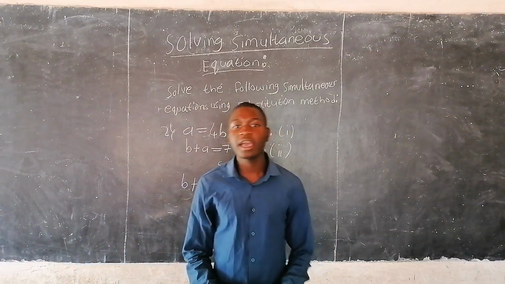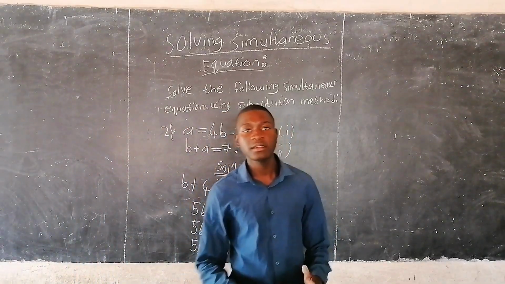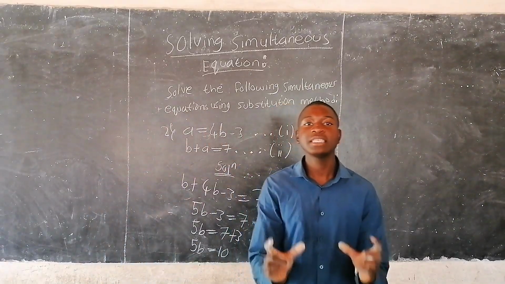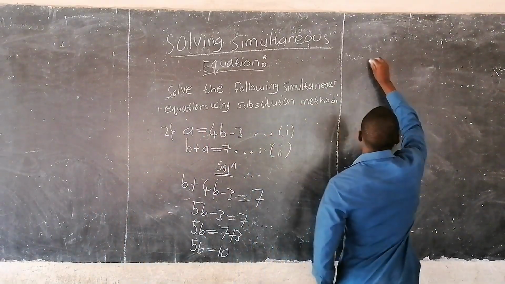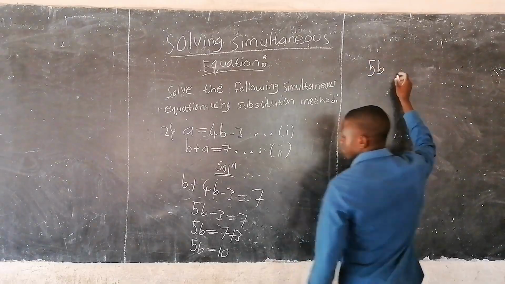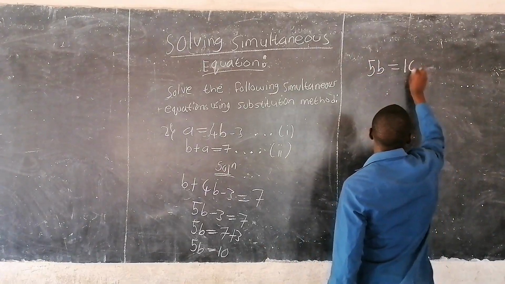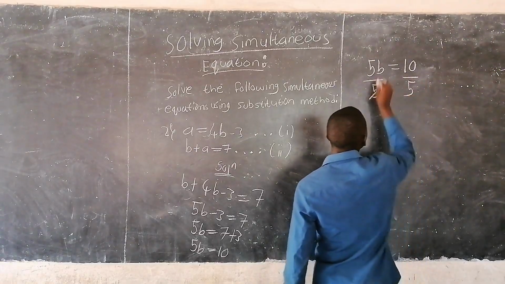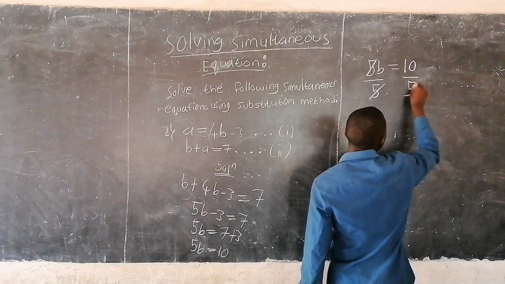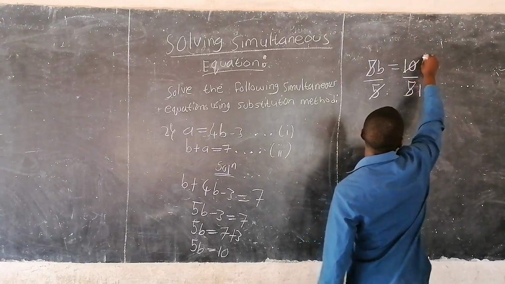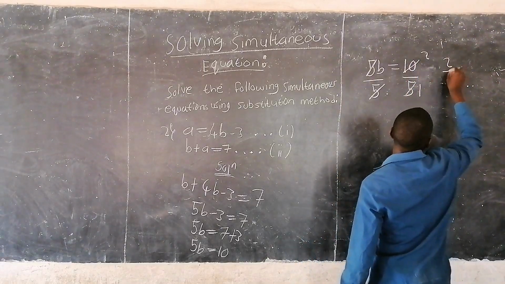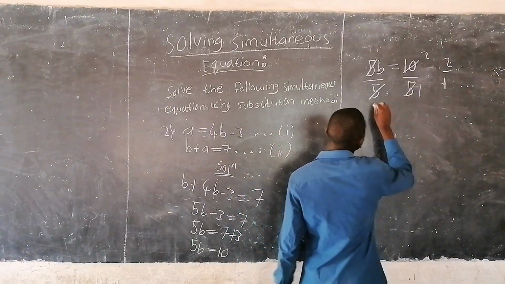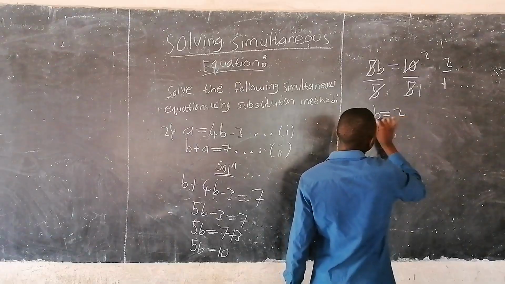For us to find the value of b, we'll divide both sides by 5. 5 into 5, that's 1. 5 into 10, that's 2. And we have 2 over 1. 1 into 2, that's 2. And that means b is equal to 2.